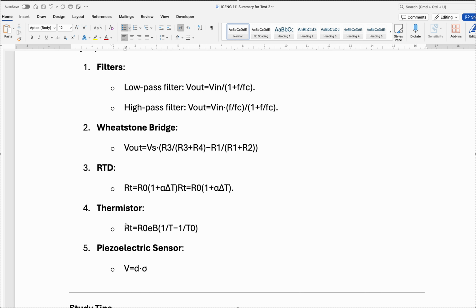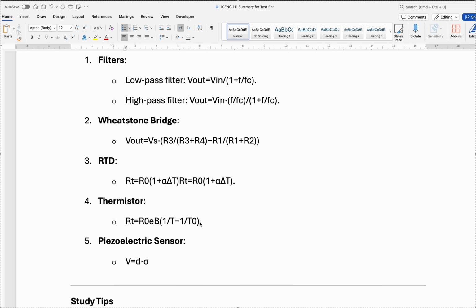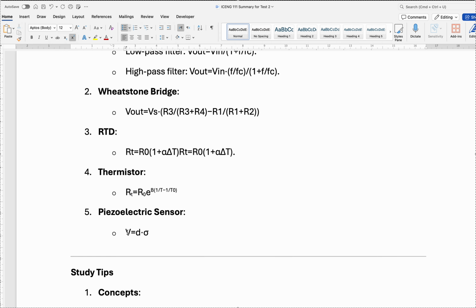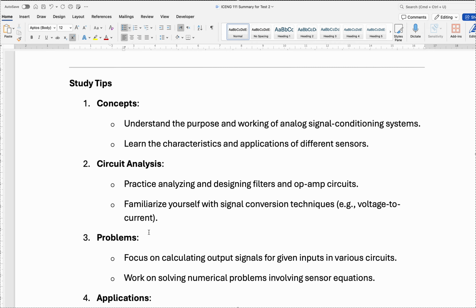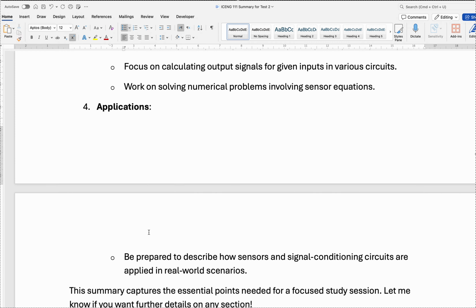We have the thermistor, which is the exponential term. So B is a constant, and T naught to T, that's the change in the temperature, and that is the initial resistance, and this is the final resistance. The piezoelectric sensor, of course, the volts go to the distance into the stress, which is force over area, that is the pressure. So these are some kind of equations.